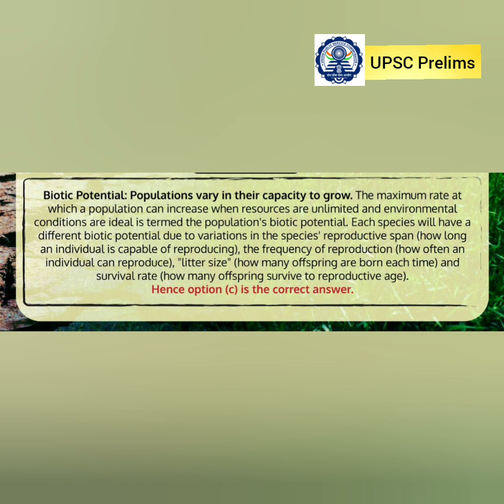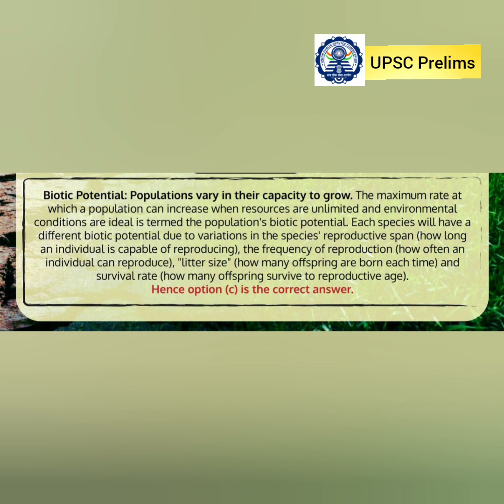Biotic potential. Populations vary in their capacity to grow. The maximum rate at which a population can increase when resources are unlimited and environmental conditions are ideal is termed as population's biotic potential. Each species will have a different biotic potential due to various factors in the species.